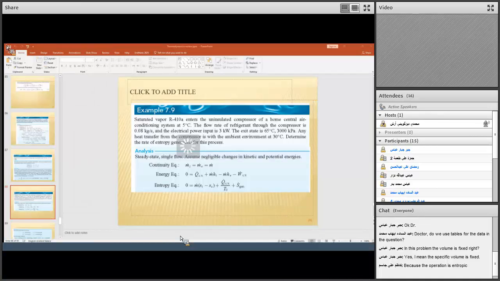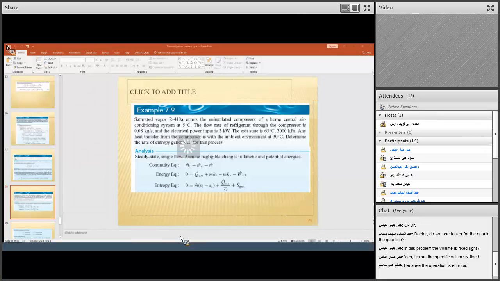The flow rate of refrigerant through the compressor is 0.08 kilogram per second. That is the mass flow rate of refrigerant. And the electrical input power is 3 kilowatt.